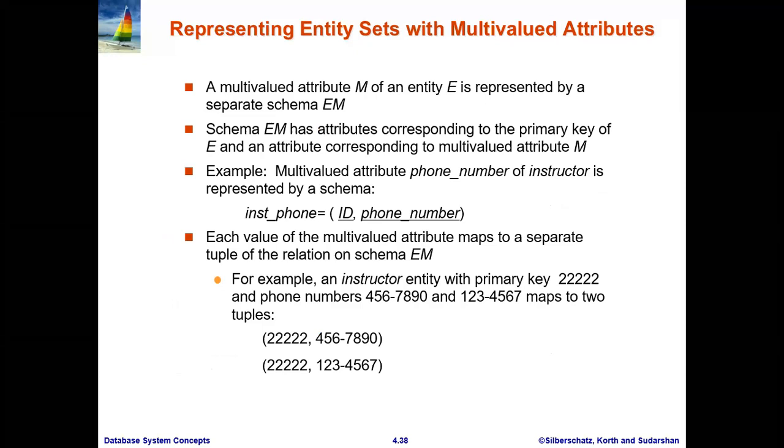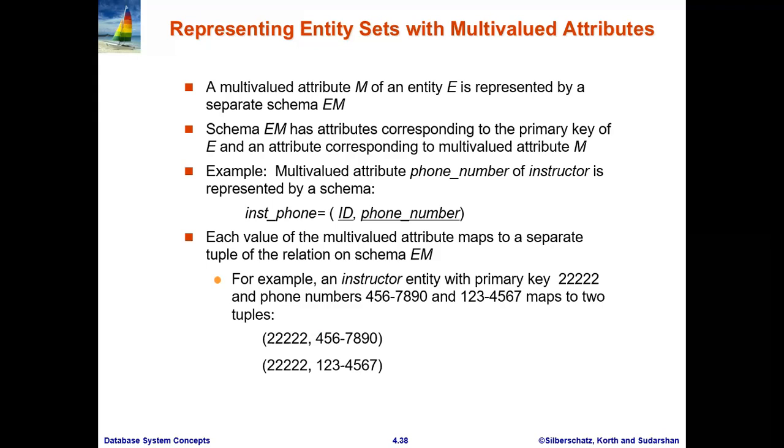A multi-valued attribute M of an entity E is represented by a separate schema. That's why when we have written the schema for entity instructor, we have ignored multi-valued attribute.